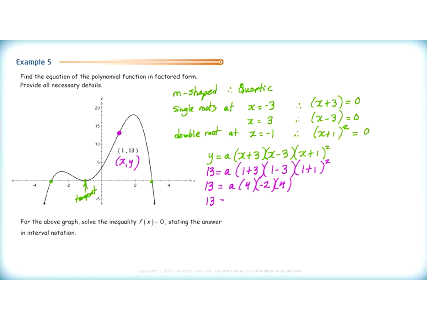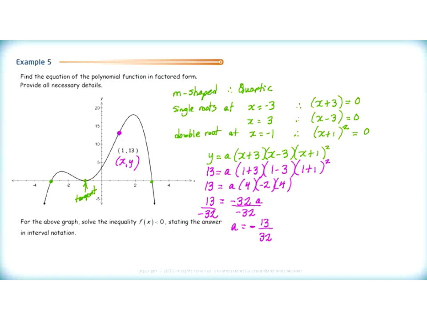So we have 13 is equal to 4 times negative 2 is negative 8, and negative 8 times 4 is negative 32a. When you divide both sides by a negative 32, your value of a as a fraction in lowest terms is a negative 13 over 32.